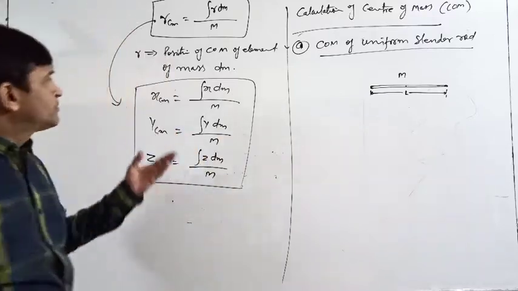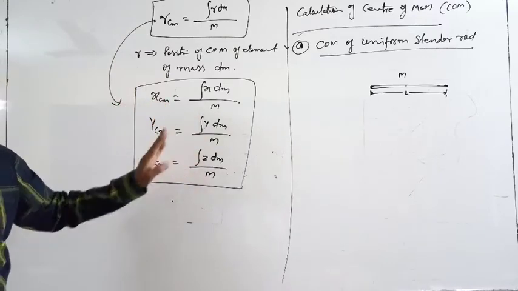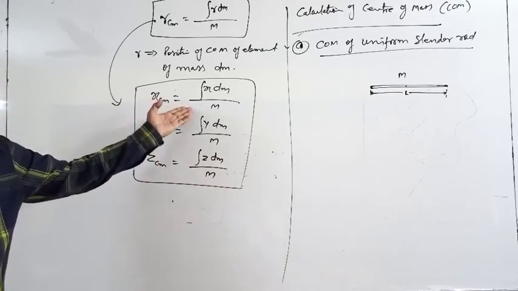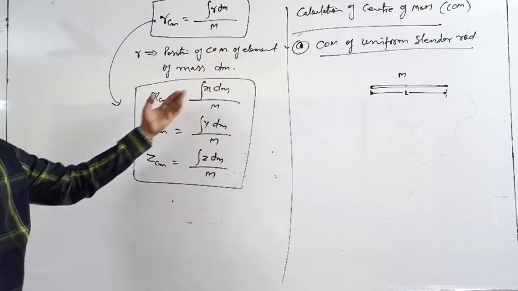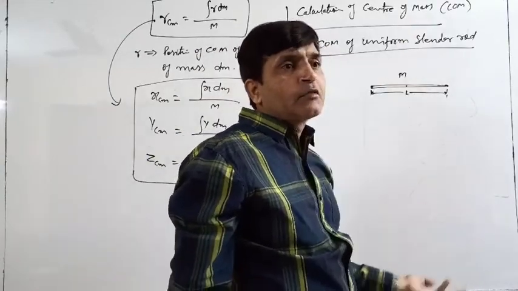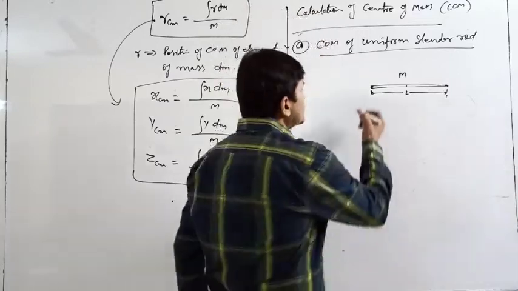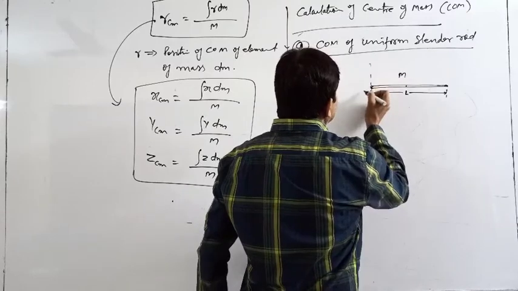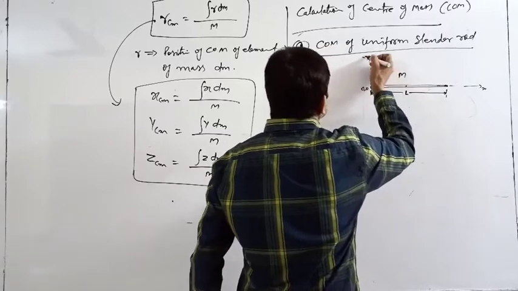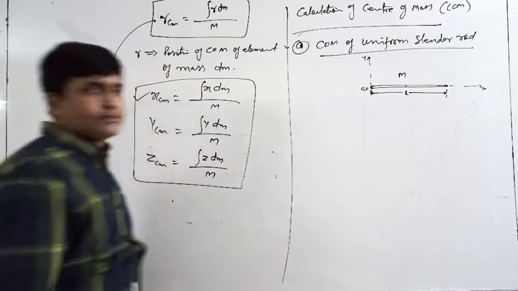So as I told you, if it is one dimension, you can calculate only one of the parameters, either x or y. You can put your rod along any of the axes. Along the x-axis, only x is required. If you put your rod along the y-axis, y is required. If you put your rod like this, z. Let this be the origin. This is your x and y. So we want only which coordinate? x here.